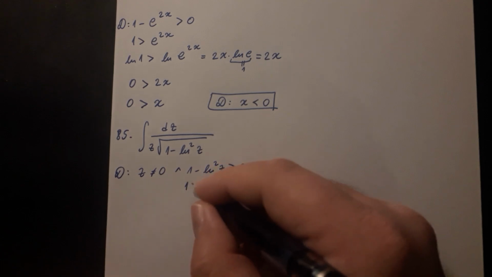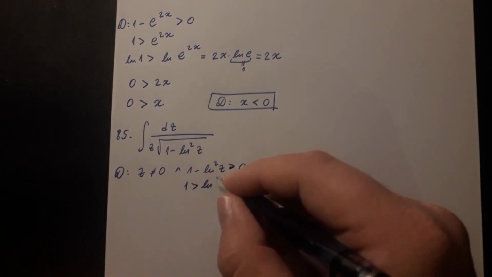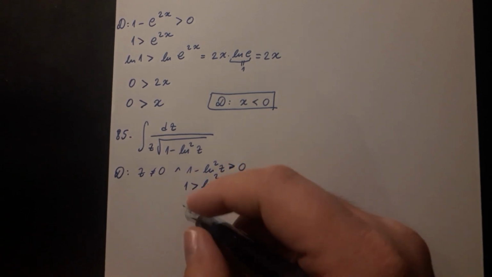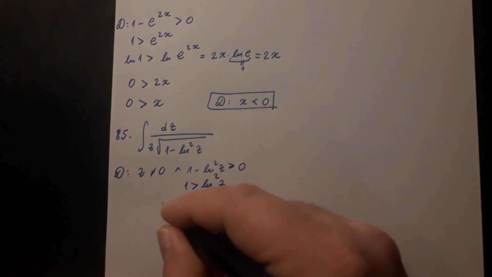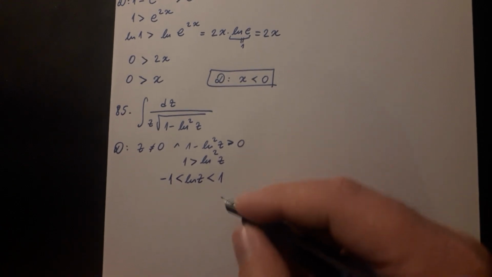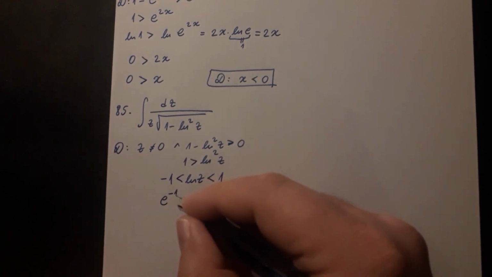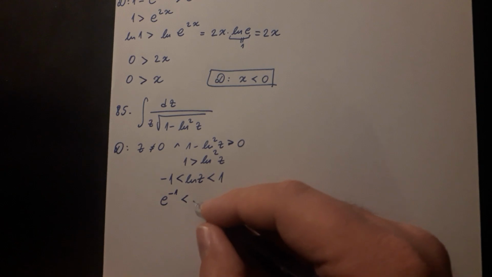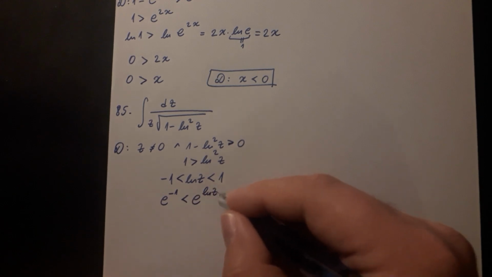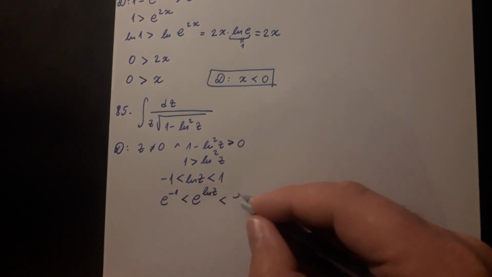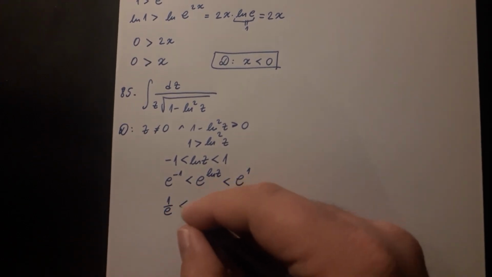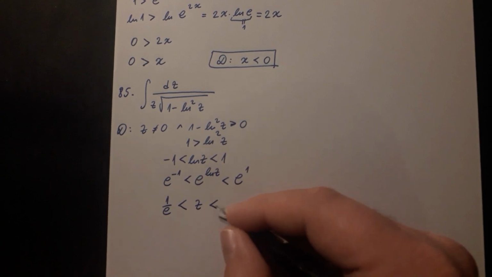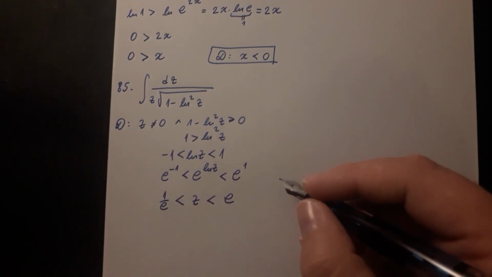That means that 1 is strictly larger than ln squared of z, and that means that ln of z has to be between negative 1 and 1. That means that e to the power negative 1 is smaller than e to the power ln of z, which is smaller than e to the power 1. That means that 1 over e is smaller than z, and that has to be smaller than e.